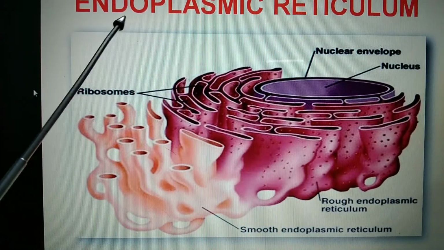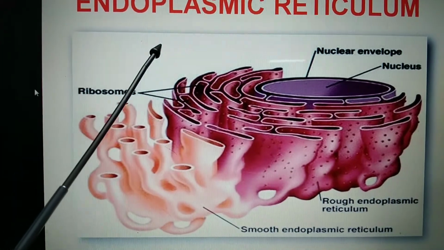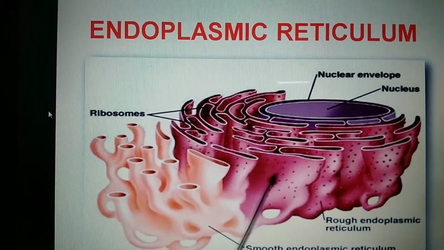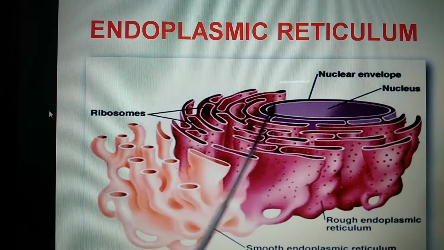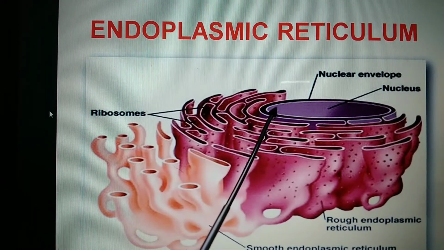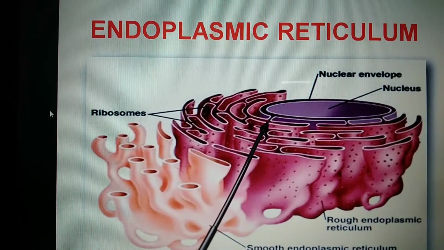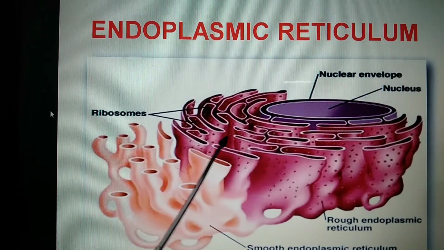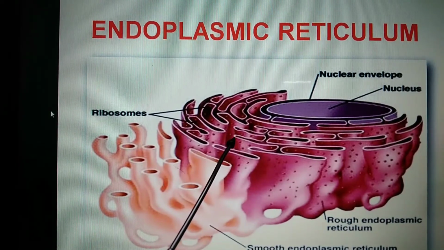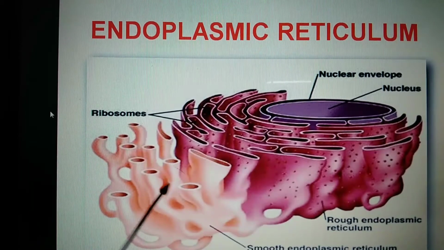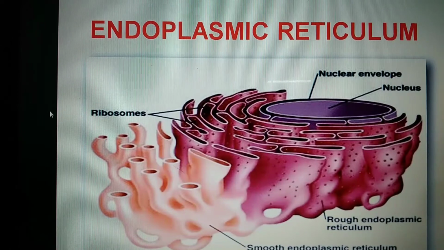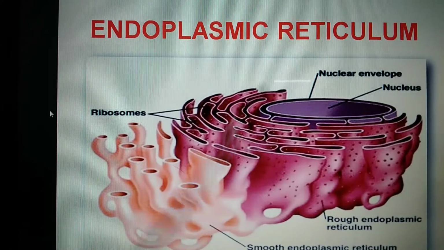Coming to the other cell organelles, like the endoplasmic reticulum, this is the nuclear membrane, this is the nuclear pore from which the DNA comes out, and after that it combines with ribosomes for the production of proteins and lipids by the smooth endoplasmic reticulum.